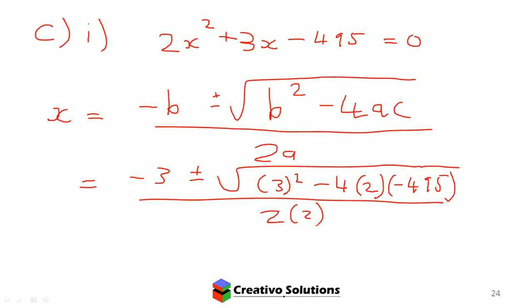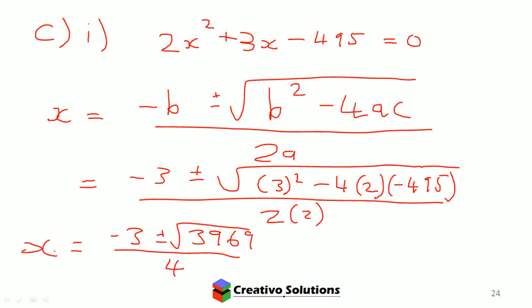3 squared is 9, so 9 minus 4 times 2 times 495, and that becomes a plus because a negative times a negative is a positive. So I'm going to get x equals minus 3 plus or minus the square root of 3969, over 2 times 2, which is 4.